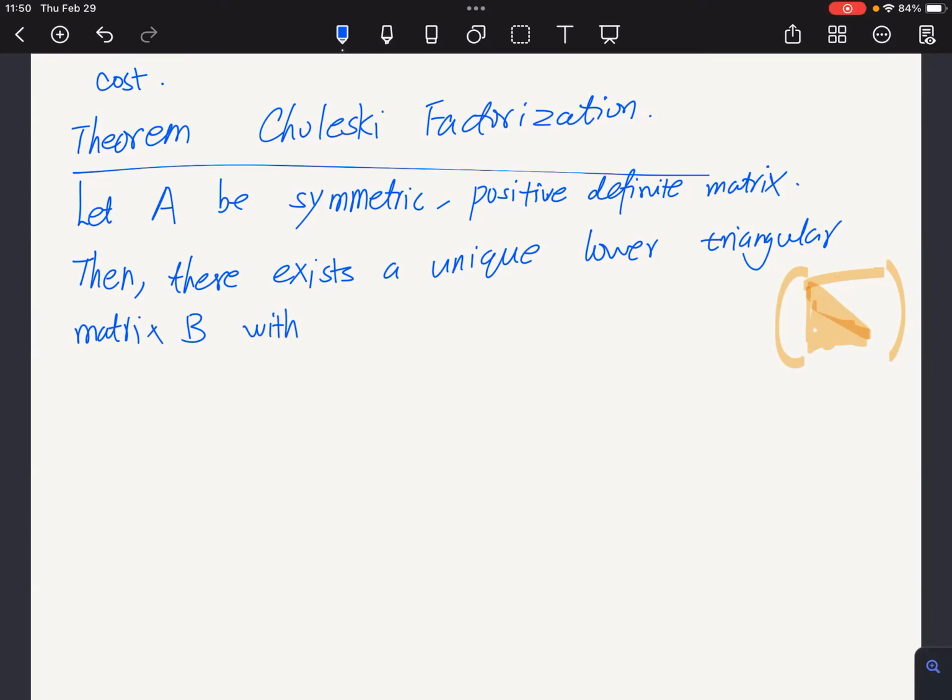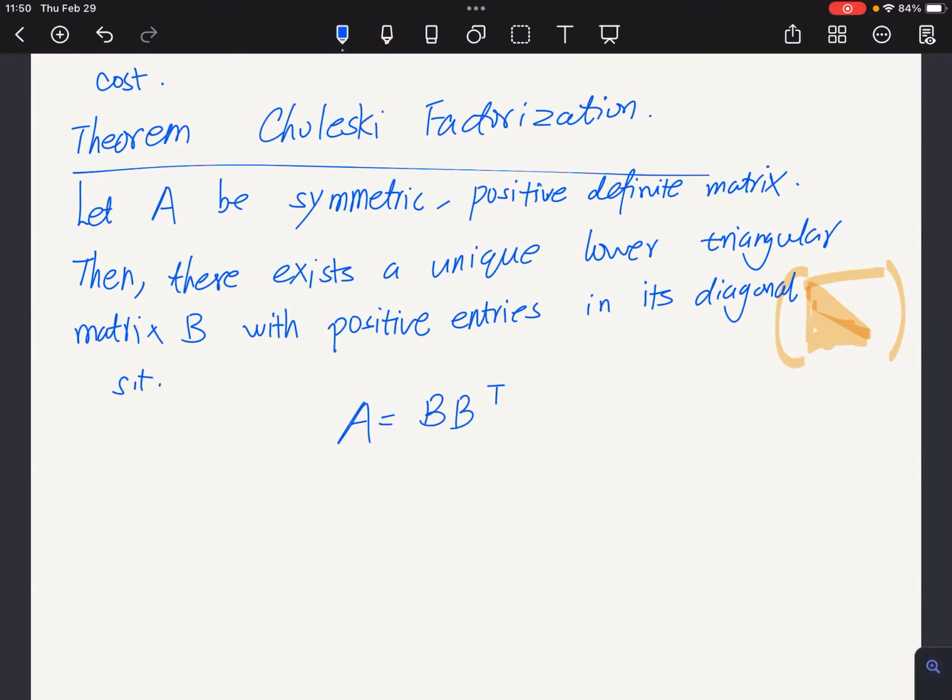With positive, we don't have any negative things, they are all positive entries, not in all the entries, just on the diagonal. It's on its diagonal, and then such that A can be the product of B and then B transpose.